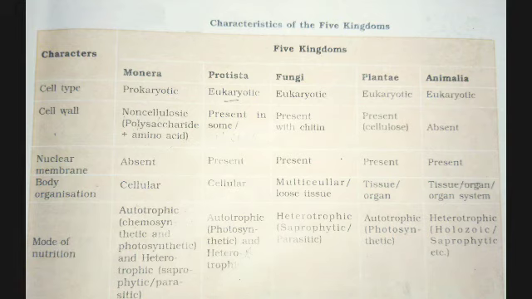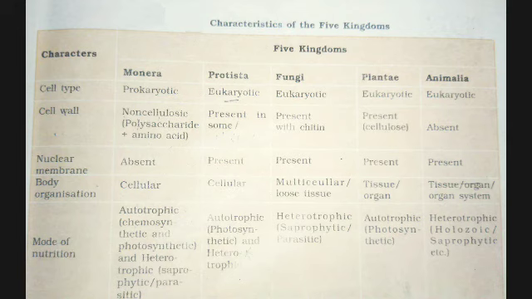Nuclear membrane is also present because the cell type is eukaryotic. Body organization is tissue or organ. So with this we can say they are multicellular, because if tissue and organ are present, any such organization will be multicellular. Mode of nutrition is autotrophic. It means they carry out photosynthesis for their food.